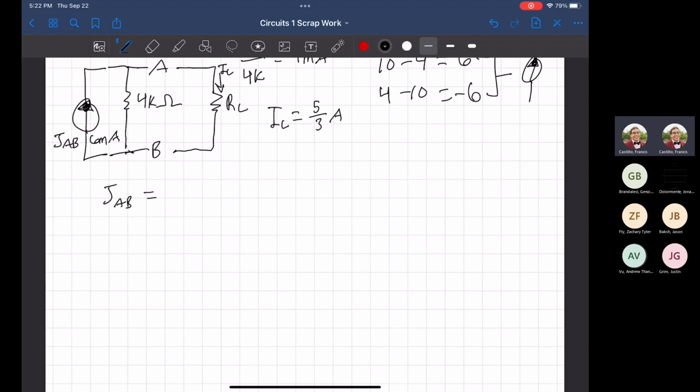So JAB is going to be equal, actually, it'd be easier to find it the other way around, my bad. So I of L, that's the goal, right? Current divider, same thing as voltage divider. We're going to proportionally try and find the current traveling through one of our components, in this case, RL. So we know RL is the one we want to find, right? So I'm going to put it up top, is what you would think.